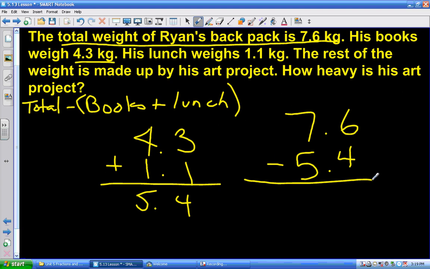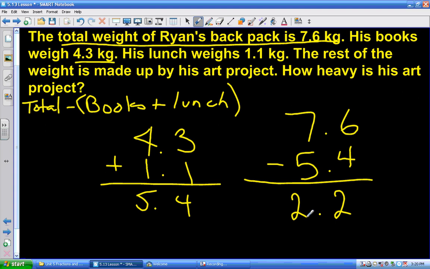And when I do this, what do I get, Cole? 2.2. So 6 take away 4 is 2. Bring the decimal down. 7 take away 5 is 2. So that means what?